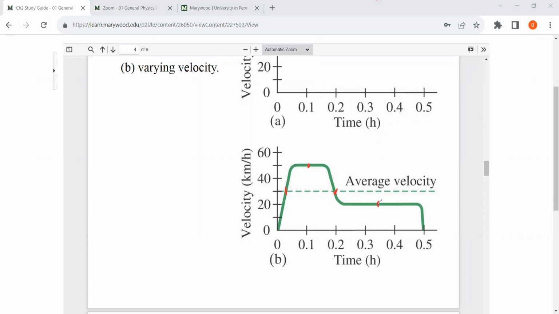So the instantaneous velocity changes with time, but the average velocity will be the average of all those velocities. Here you see the average velocity is this one. All right, so sometimes average velocity and instantaneous velocity are the same and sometimes they are not.